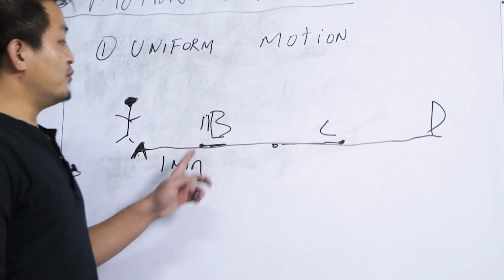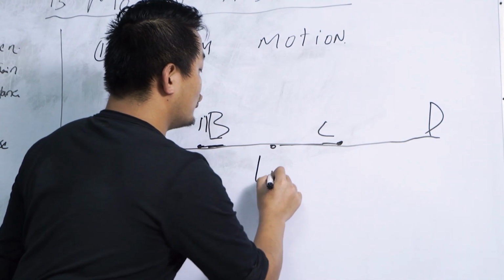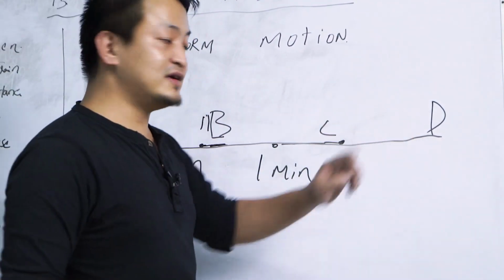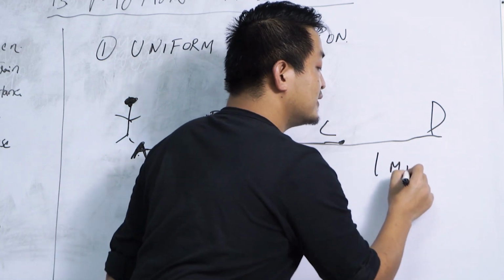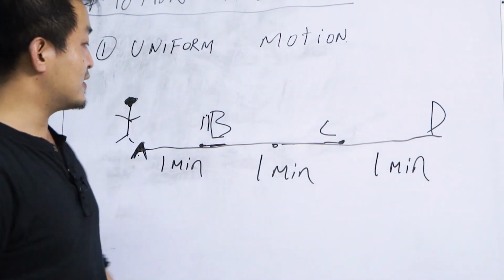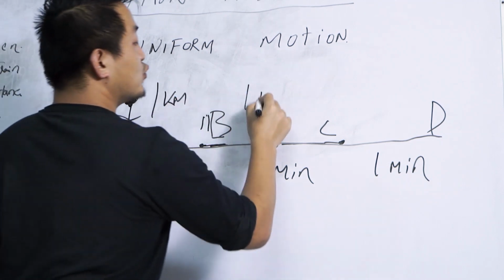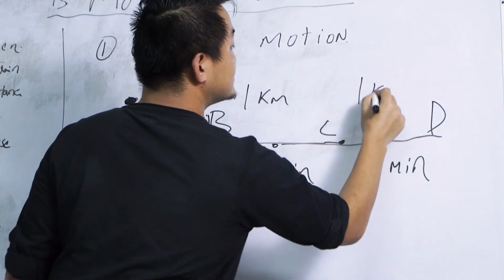From B to C he takes 1 minute. And from C to D he takes another 1 minute. In each section he is covering 1 kilometer.